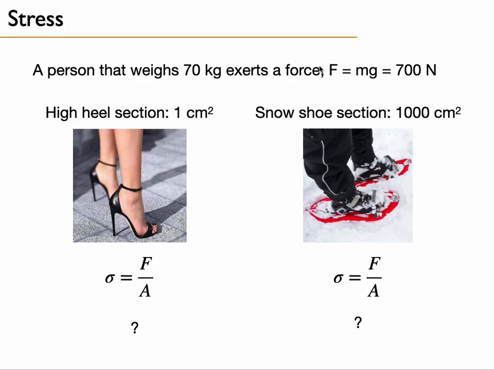The force induced by the body of the person is mass times g, 700 newtons. Now, let's compute the stress. Once again, the stress is the force divided by the section over which the force is applied.